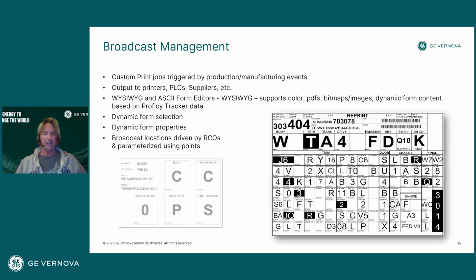They're very dynamic. They dynamically, in real time, gather the properties and attributes that you want to have broadcast, and then you can specify certain locations similar to those decision points using RCOs to gather and disperse that information across your network or typically to a printer.